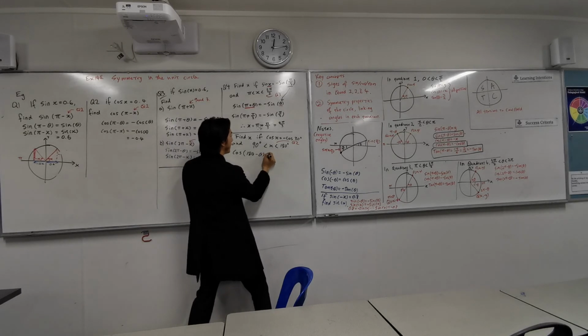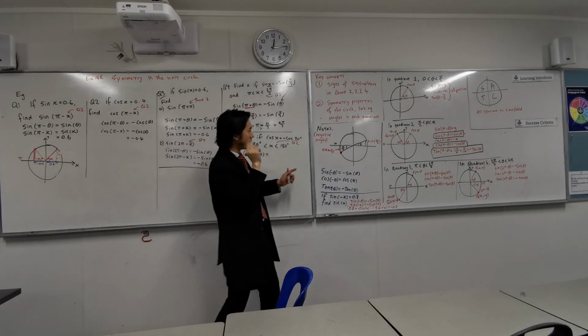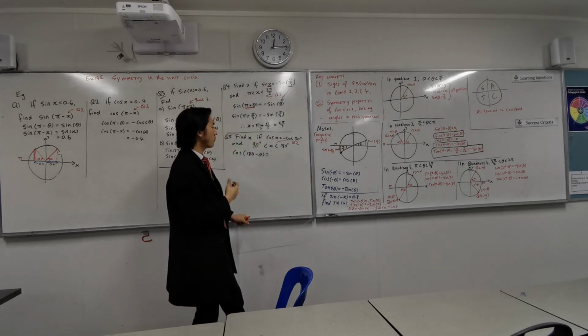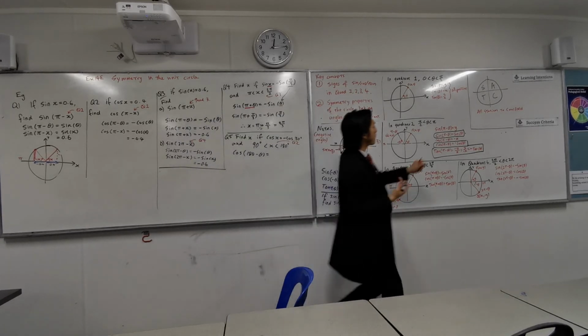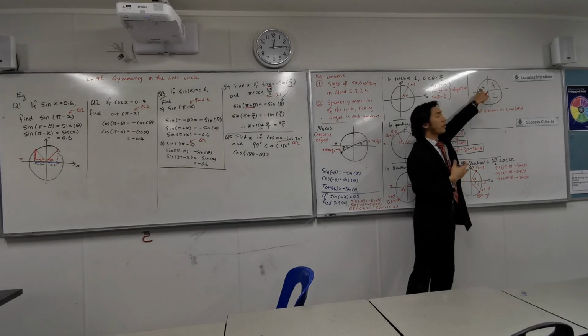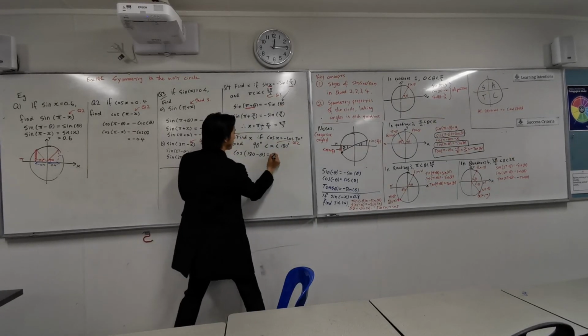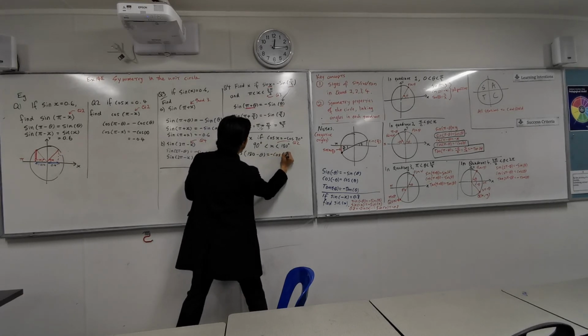Now is cosine positive or negative in quadrant 2? Well, cosine would be negative because according to our ASTC, only sine is positive in quadrant 2, which means cosine would be negative. So that would be negative cos of our angle in quadrant 1.